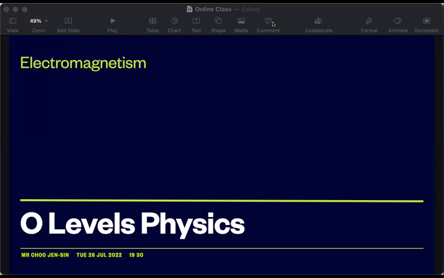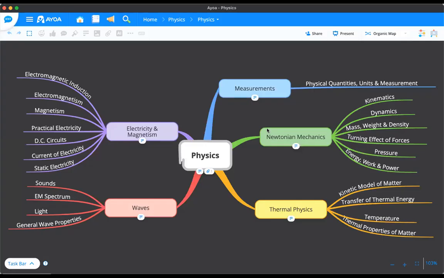As usual, whenever I start the first lesson of the topic, I'll show you the mind map of all the topics that we have learned so far. We are now at the second last topic. We have learned that electricity starts off with positive and negative charges.